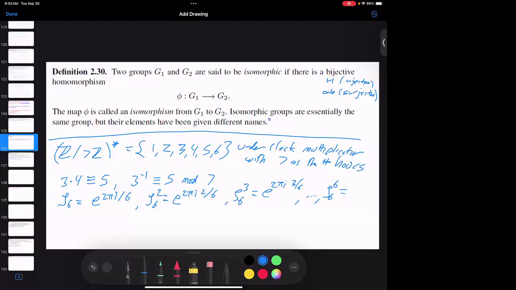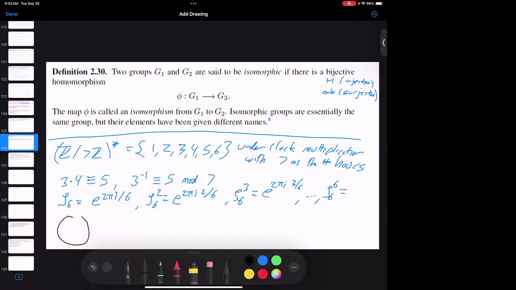What's e to the 2 pi i? Has everybody seen e to the 2 pi i? Okay, so what would e to the 2 pi i equal? This is cosine 2 pi plus i sine 2 pi. What's cosine of 2 pi? 1.